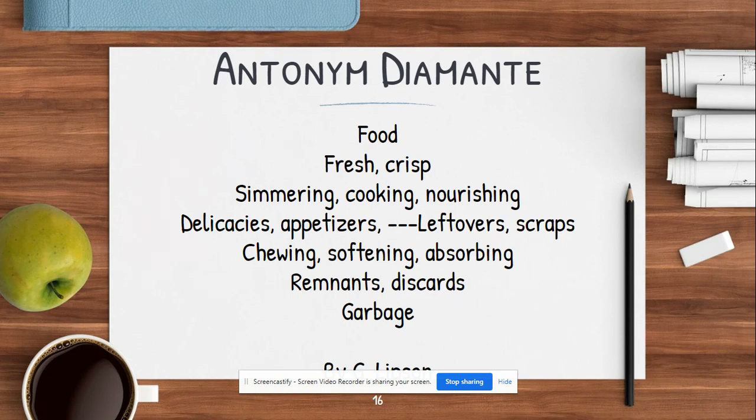Leftovers, scraps, chewing, softening, absorbing, remnants, discards, garbage. So it talks about food, and then the opposite of that is garbage. So you have the top talking about food.